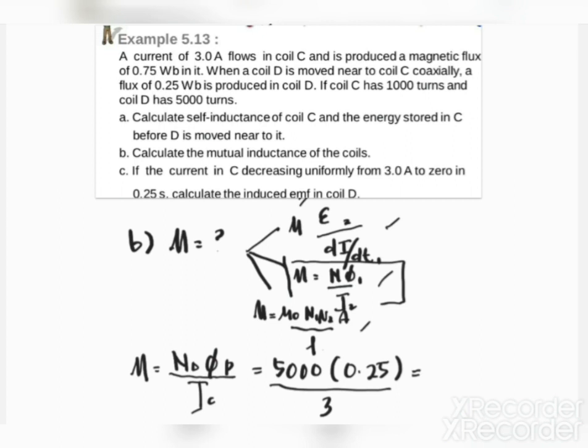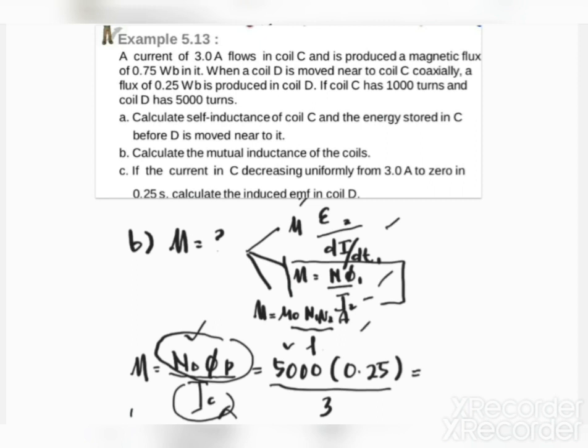Since we already have the flux through the coil and we also have the current flowing, we refer to the formula M equals the flux linkage in coil D over the current flowing through coil C. For mutual inductance, we have to pair the situation given: if the flux linkage is based on coil D, the current should be on coil C. So we substitute the number of turns of coil D as 5000, the flux through coil D as 0.25, and the current through coil C as 3 ampere.